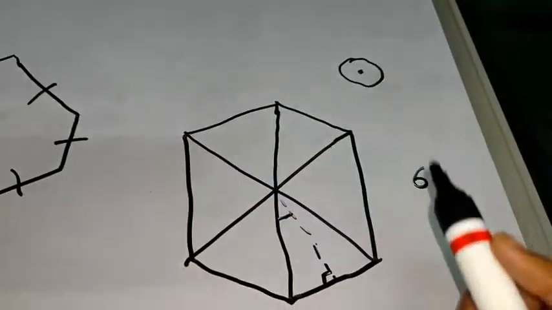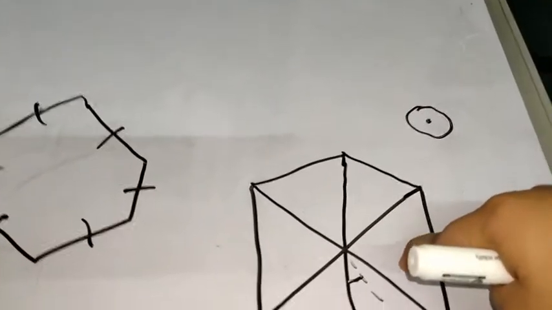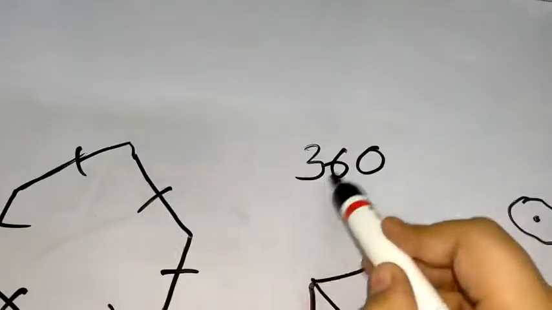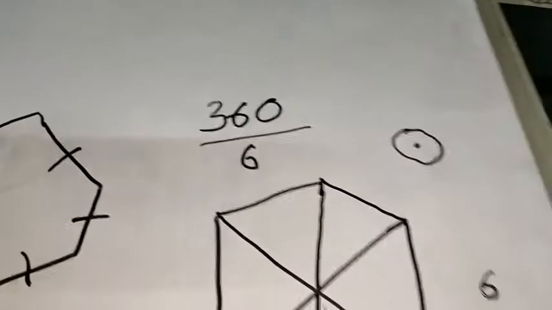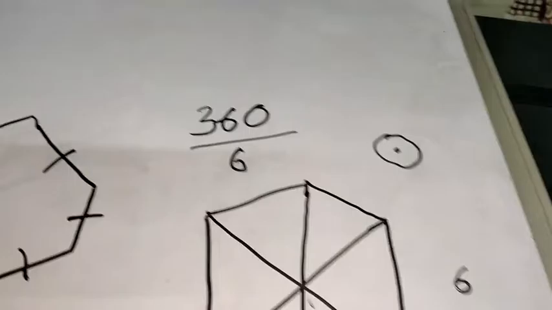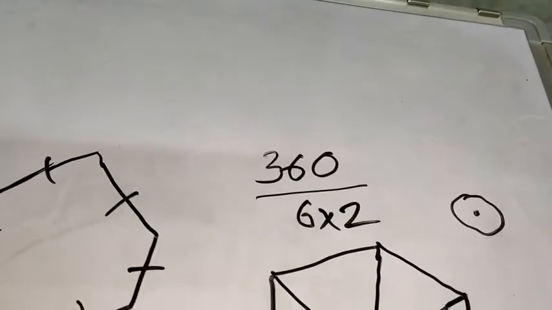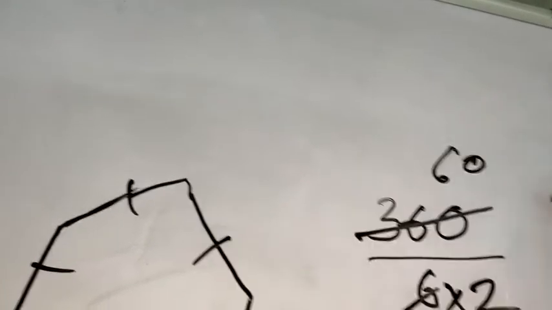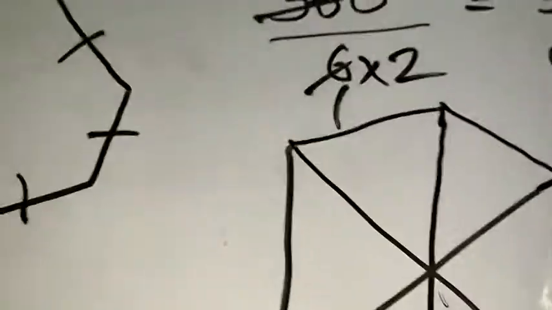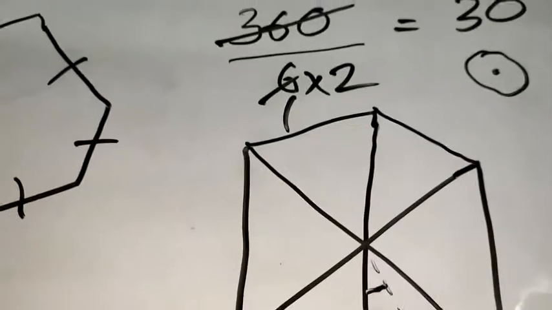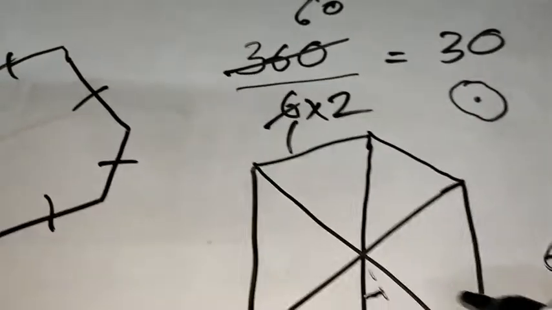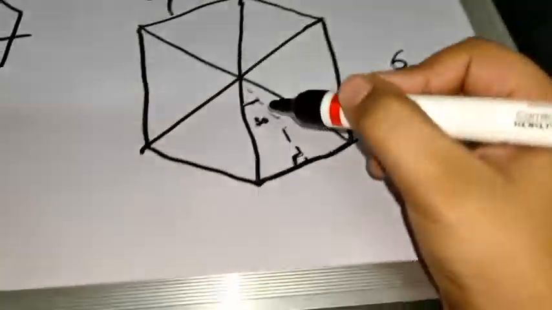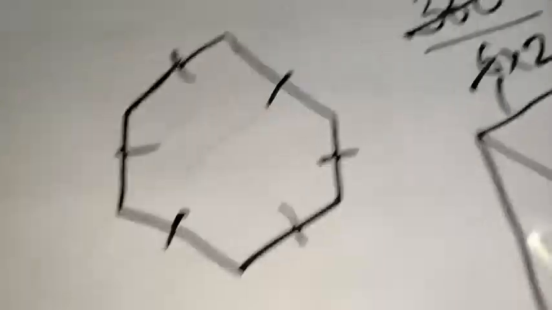And these 360 degrees are divided among 6 isosceles triangles, so it would be 360 divided by 6. Now one isosceles triangle is divided into 2 right angle triangles, so the measure of one angle here is 30 degrees, right? Now we know the measure of this angle.